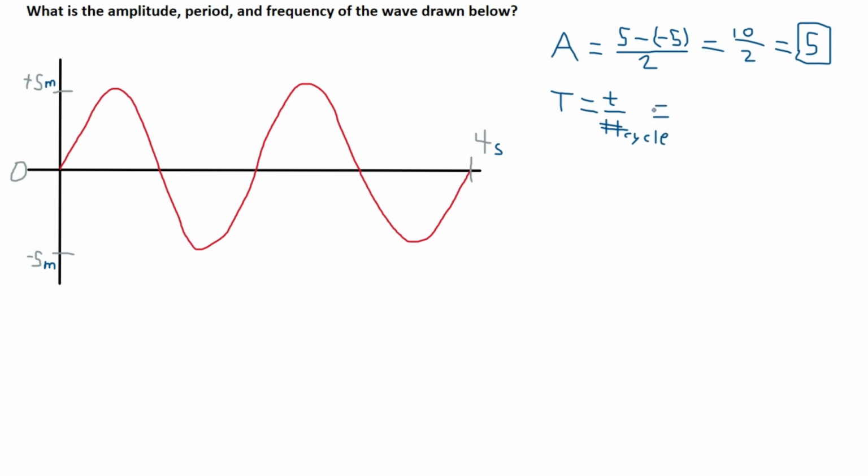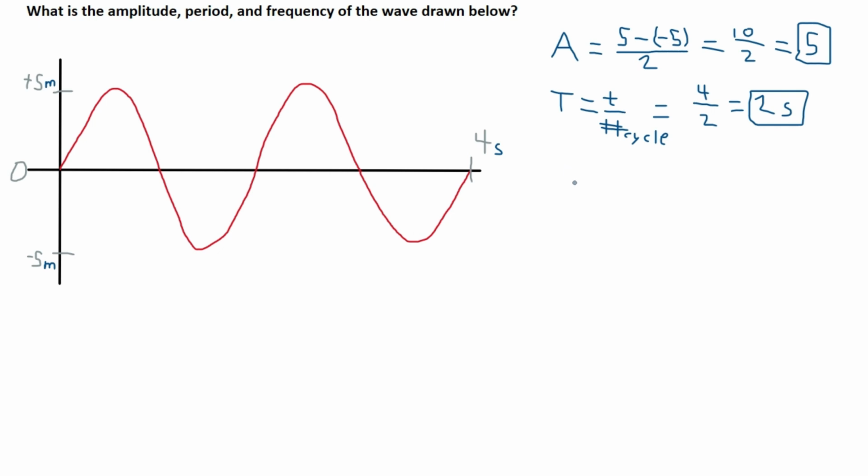In this case, we see that there are 2 cycles or full oscillations in 4 seconds. So we have 4 seconds divided by 2 cycles. This means that the period is then equal to 2 seconds per cycle. So the period takes 2 seconds.